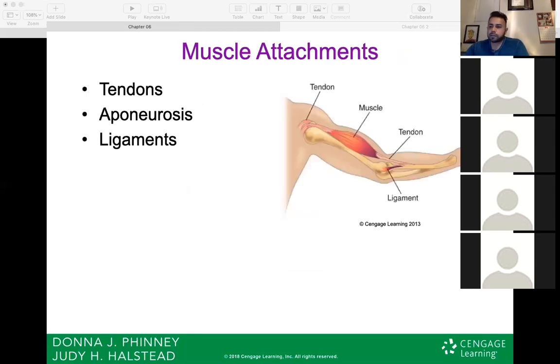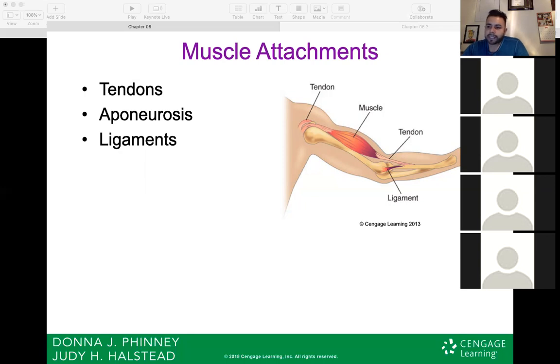So skeletal muscles attach to the bone in several different ways. They attach directly to the periosteum of the bone, or through specialized connective tissues that extend beyond the muscle. These types of connective tissues are tendons, aponeurosis, and ligaments.